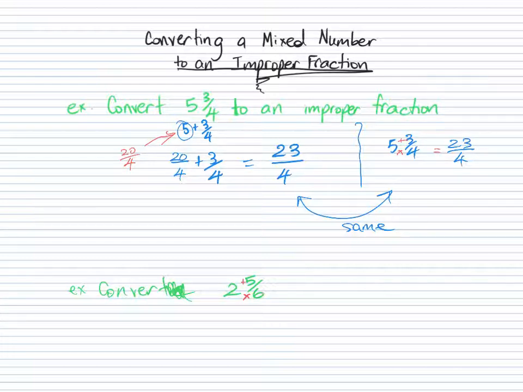So 6 times 2 is 12. 12 plus 5 is 17. So you get 17/6. So we multiplied these 2 to get 12 and then added the 5 to get 17. All right, so now that you know how to change a mixed number to an improper fraction, let's go the other direction.